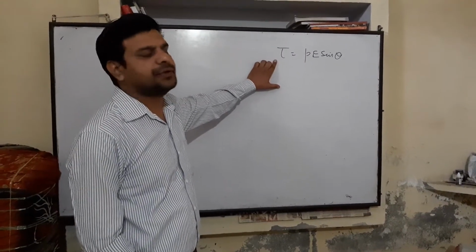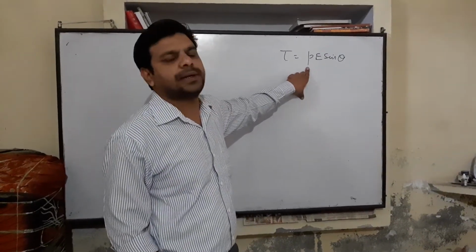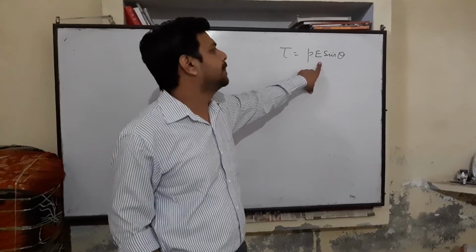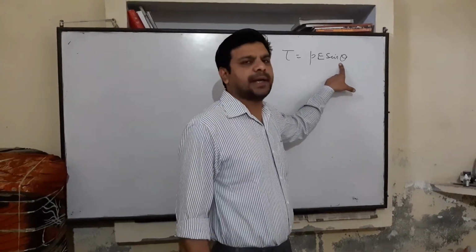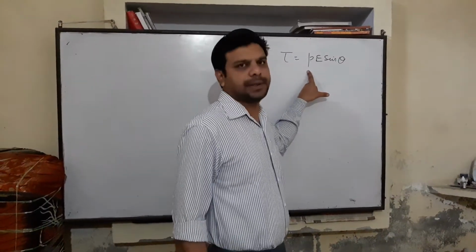In this expression, P is electric dipole moment, E is intensity of electric field, and theta is the angle between the direction of electric field and dipole moment.